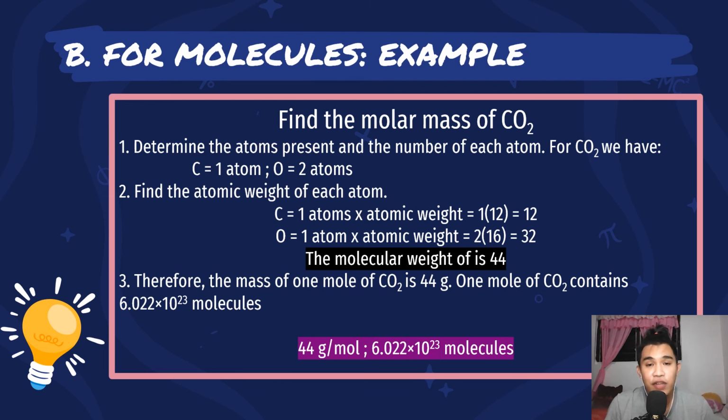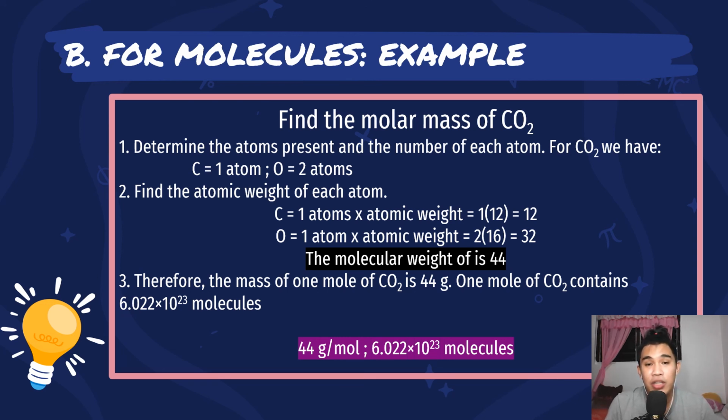So what is 44? That is the molecular weight of carbon dioxide. Therefore, the mass of 1 mole of carbon dioxide is equal to 44 grams. And 1 mole of carbon dioxide contains 6.022 times 10 raised to the power of 23 molecules.